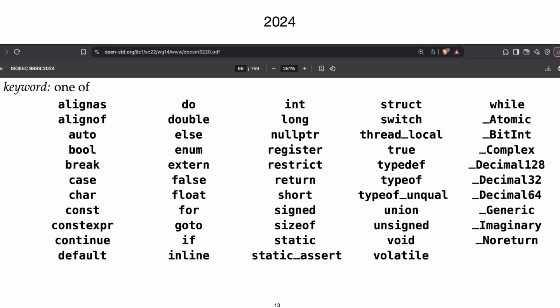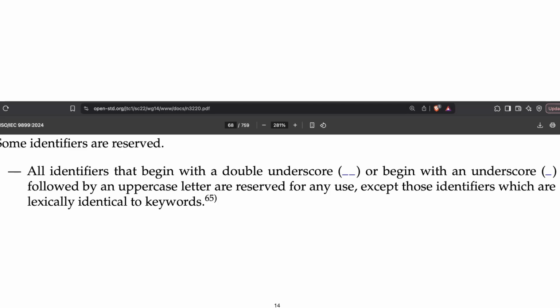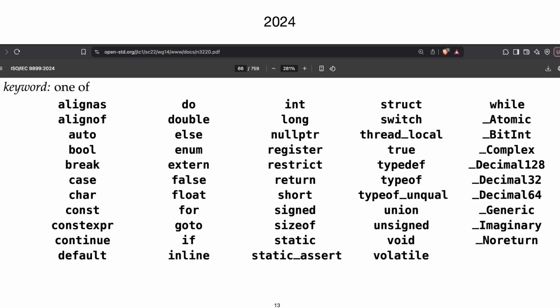Later, as the language kept evolving, extra keywords were added, like you can observe _Thread_local and all these keywords that start with an underscore. Now, we need not mug up these keywords. As we go ahead in the language, we'll get to see the use case of these keywords.